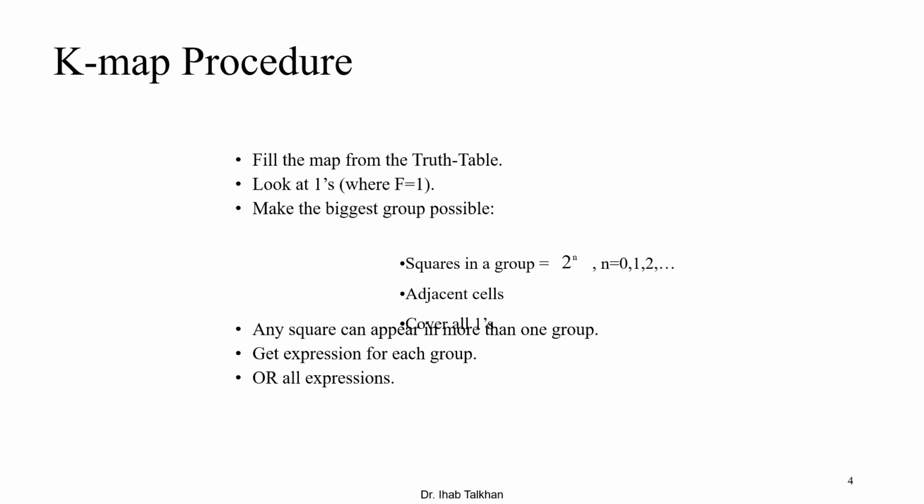First, fill the map from the truth table, look for ones, make the biggest group possible under the conditions that the squares in the group comply with 2 power n, where n equals 0, 1, 2, 3. These squares should be adjacent cells, horizontal or vertical, all covered with 1. Any square can appear in more than one group. Get the expression for each group, and then OR all expressions in order to get the function in terms of the variables.